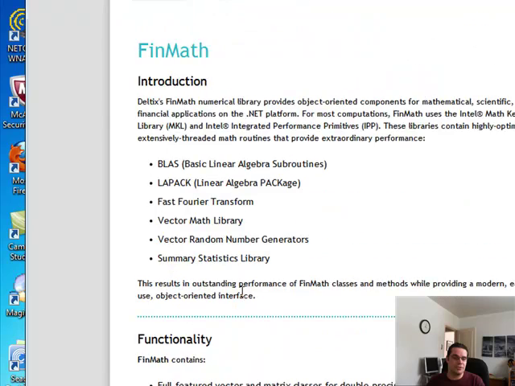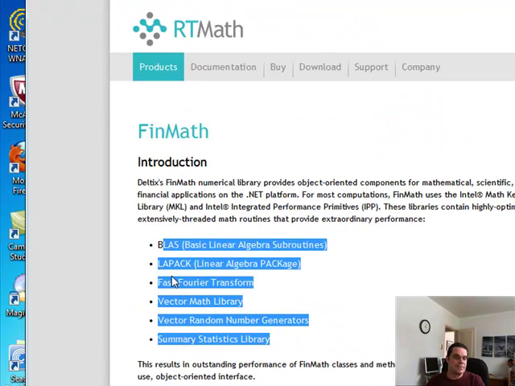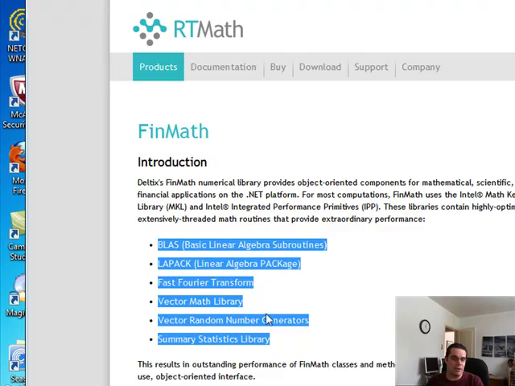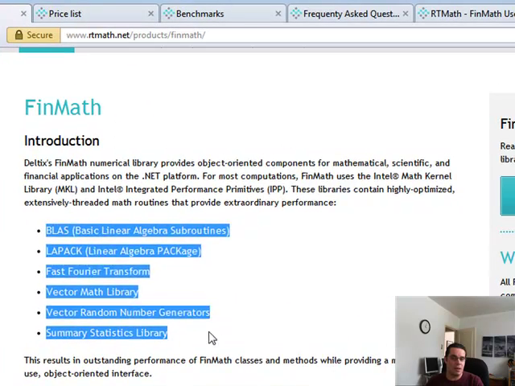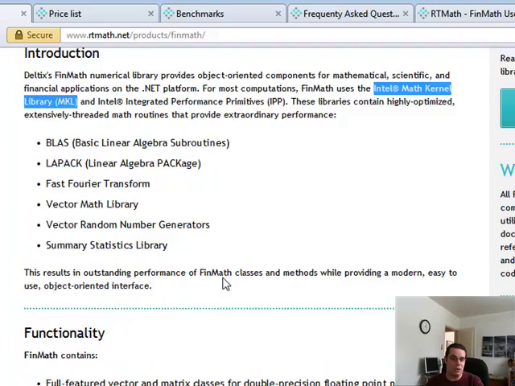So let me introduce you to what we're talking about here. These are the sort of functions that you get that will speed up the processing of your trading platform, because it has LAPACK in it, BLAS, and these are fairly optimized C++ functions, and using the MKL as well.